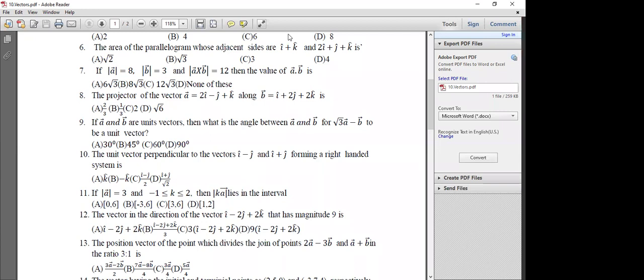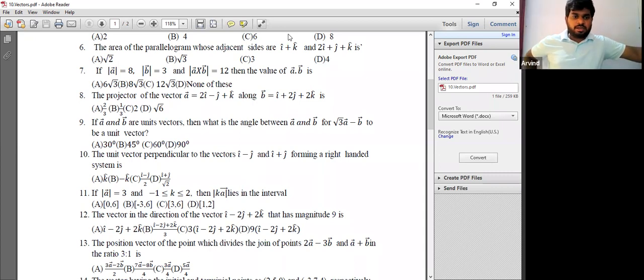Yeah, actually minus k is also correct. Okay, but option B should have been something else. We'll take the positive itself. Negative is also correct. Okay, which is forming a right-handed system. Then it is k.